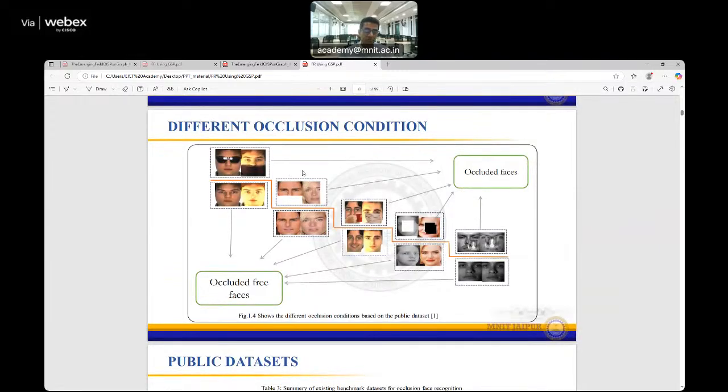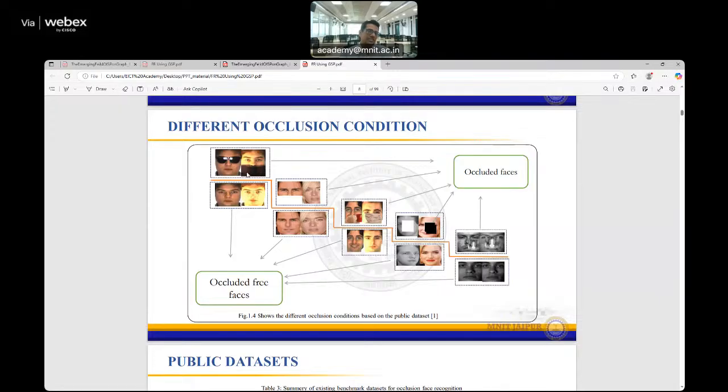So different occlusion conditions have been shown in this picture so that you can understand it. Here, somebody is wearing sunglasses, somebody's face is covered. So what is the way? The way is basically to remove these sunglasses from the picture.